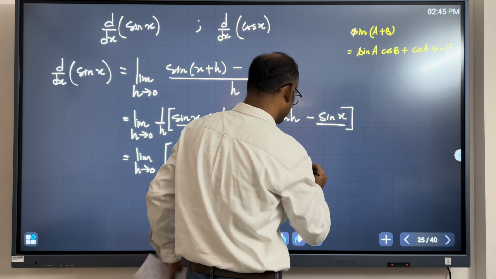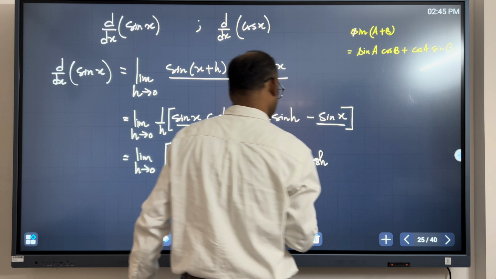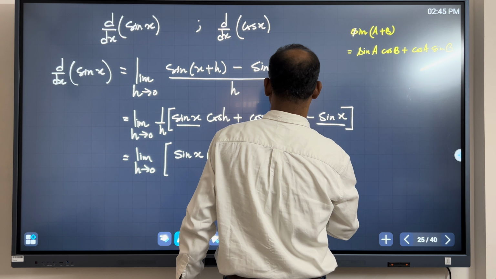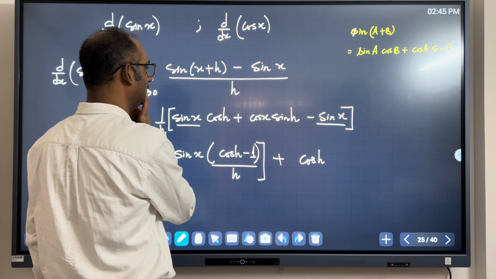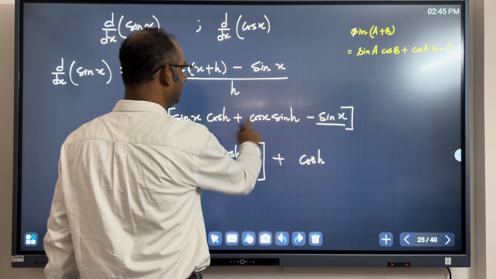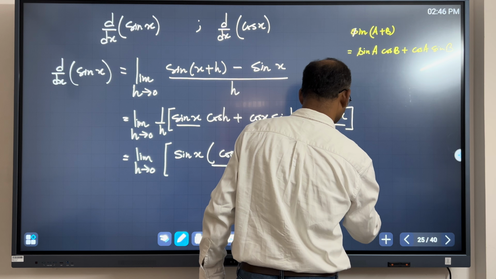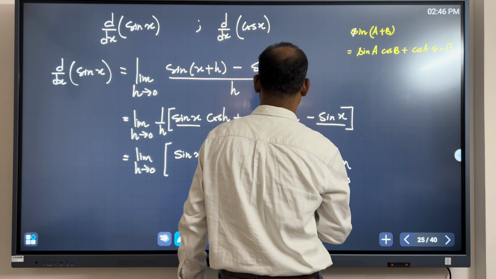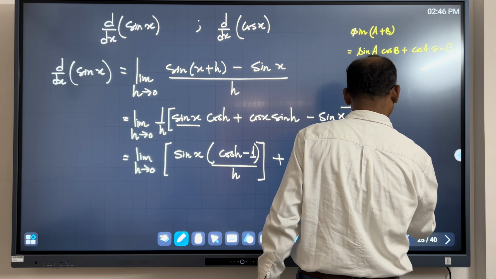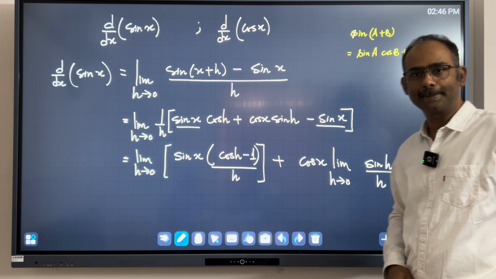So you get cos of x, limit h tending to 0, sine h over h. Is that okay?